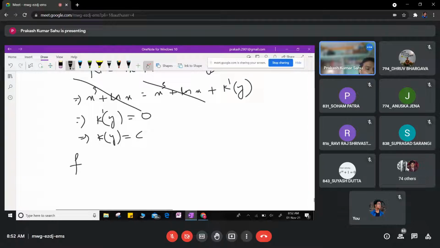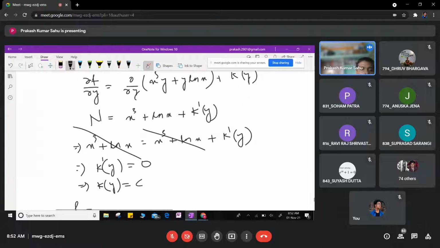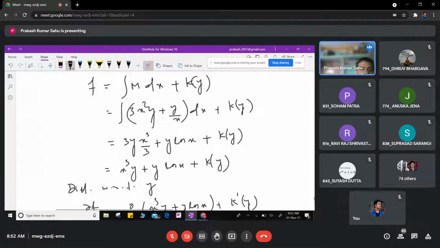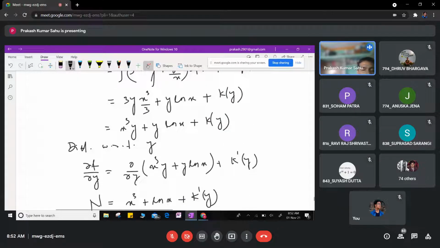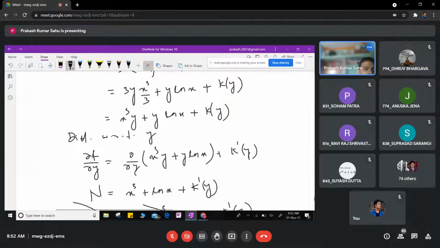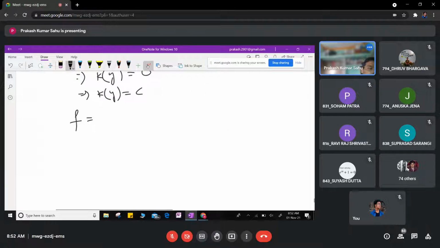Your solution f is equal to, look, go to the previous, your f is equal to what will it be? x cube y plus y ln x plus k of y. So x cube y plus y ln x plus k of y is equal to c. So this is your f. And what is your solution?